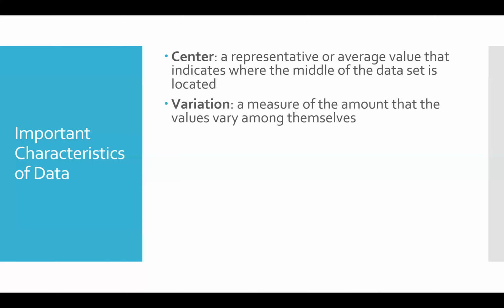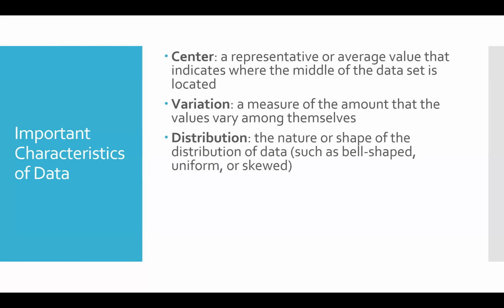Second is variation. Variation looks at how the data values vary among themselves. We could also compare data sets. If we have 2 or 3 different data sets, we could compare them. So the variation gives us an idea of how much the data varies amongst themselves or from data set to data set.